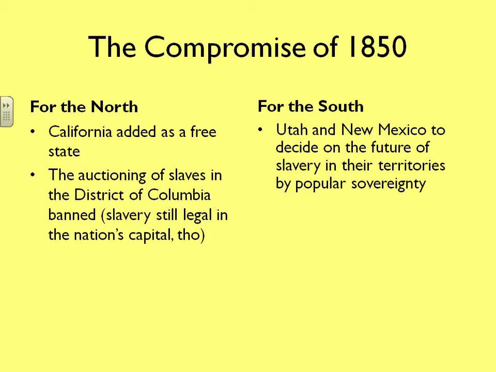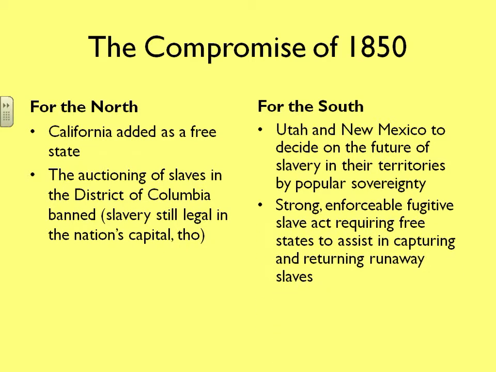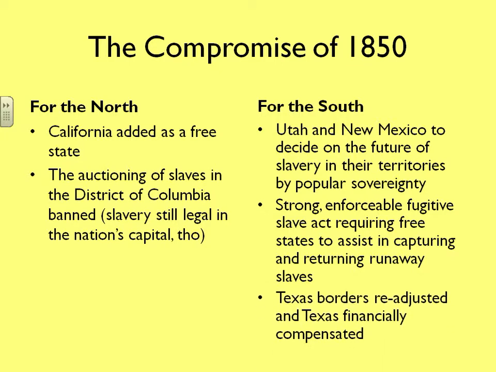These are 2 territories, and it's decided that in the future, slavery may be permitted there if the people of the area agree to it. And they get a stronger Fugitive Slave Act, which we'll get to very shortly, to assist in capturing and returning runaway slaves. And Texas borders are readjusted, smaller borders, and they're given some cash in return for that.